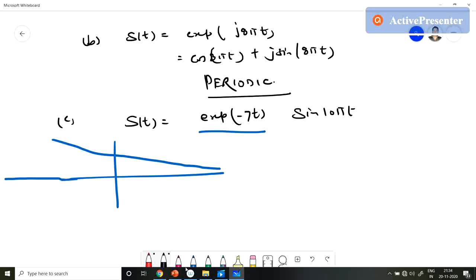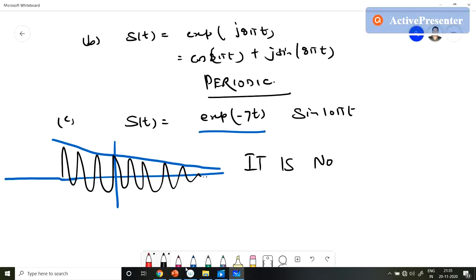Please forgive me for my bad drawing. So this is a non-periodic signal.